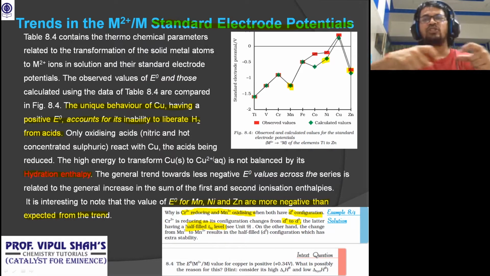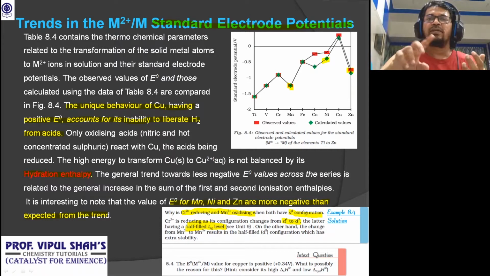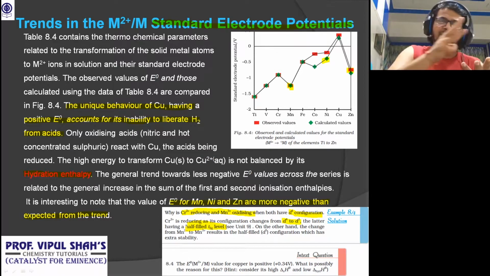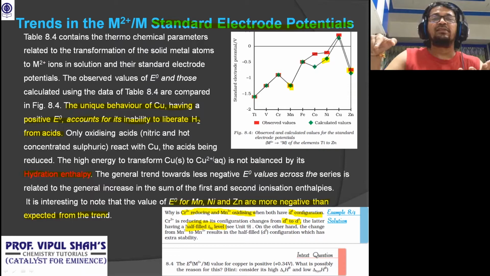So t2g is basically the three orbitals, depending on an octahedral or a tetrahedral complex. If it's an octahedral complex, t2g is made up of dxy, dyz, dxz, and the eg level is dx2-y2 and dz2. So there are three orbitals in the t2g, and if d3 is there, as per Hund's rule, all will first go in with parallel spins, so one, one, one will go. So d3 is stable.